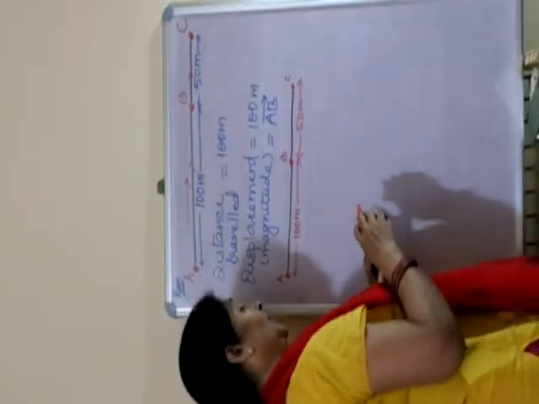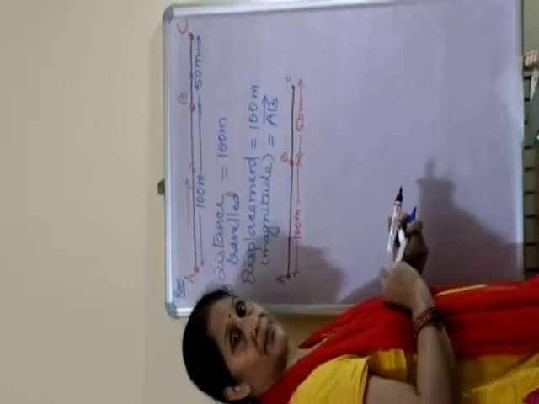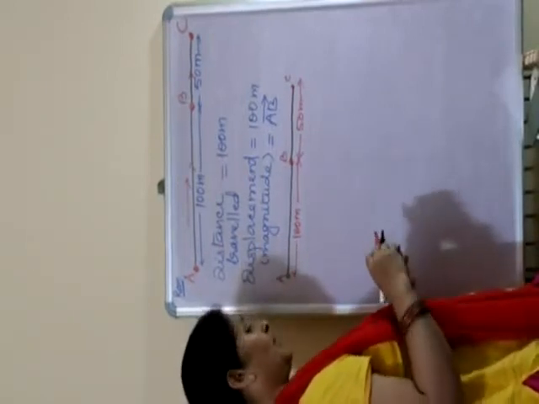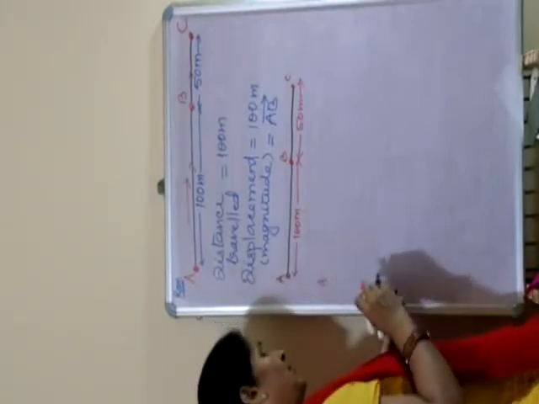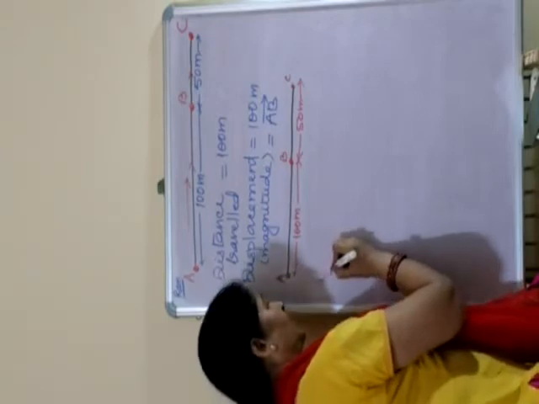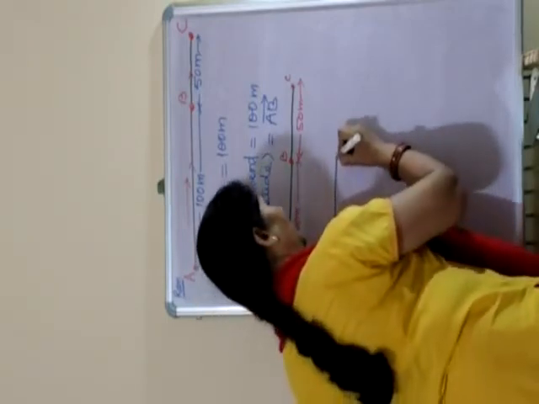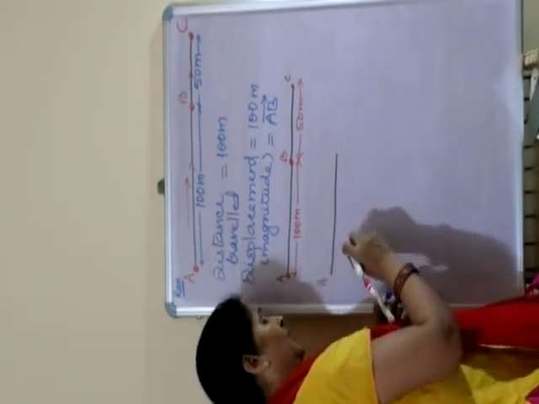Now Ram changed his path. In the third case, Ram changed his path. He moved from A to B and turned back on the same path to C dash.